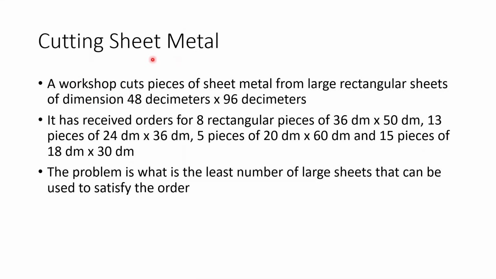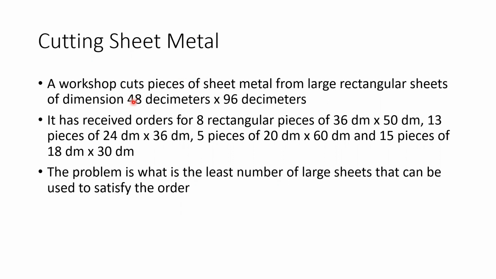We will look at a problem, cutting sheet metal, which specifies that the workshop cuts pieces of sheet metal from large rectangular sheets of dimensions 48 decimeters cross 96 decimeters.